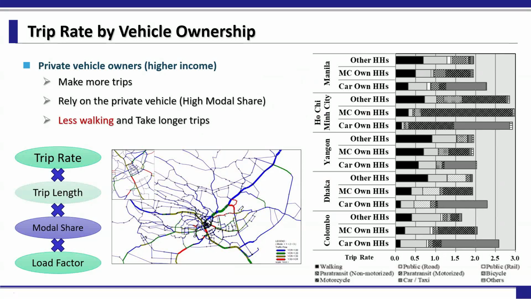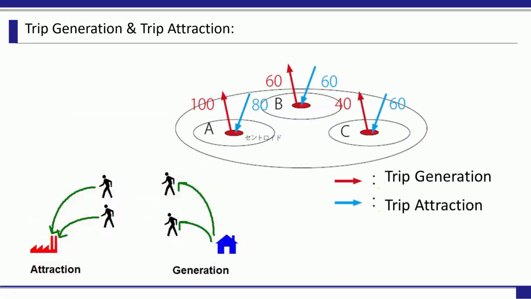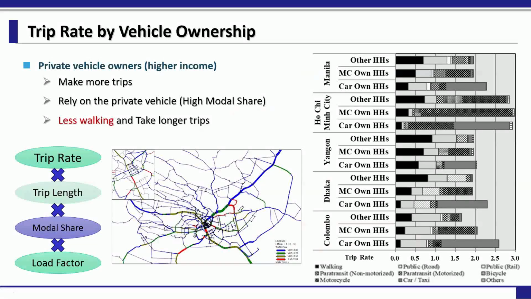Generally speaking, private vehicle owners in the higher income groups tend to make more trips than other groups, and of course rely on private vehicles with a high modal share of private vehicles, and walk less and take longer trips.